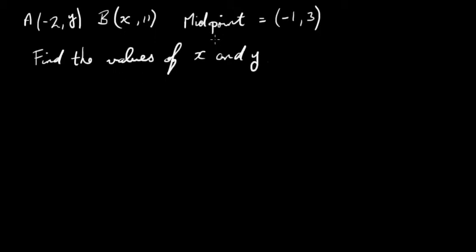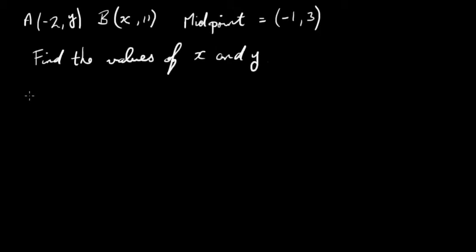The only bit of information we're given is that the midpoint of these 2 points, the midpoint of AB, is (-1, 3). So from that we have to find the values of x and y for our 2 points. Because we're given the midpoint, we're going to use the midpoint formula.